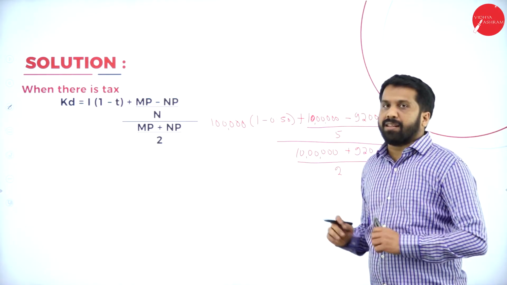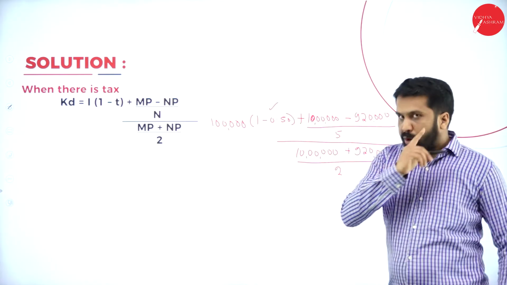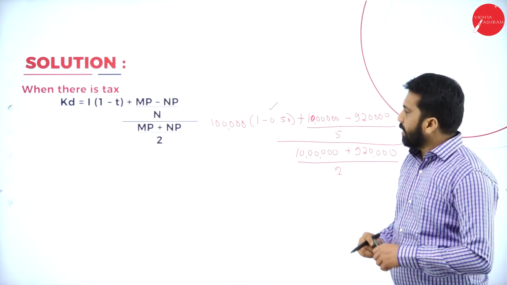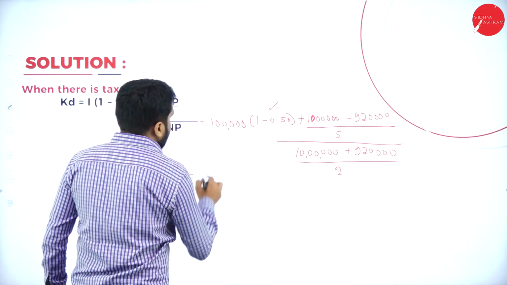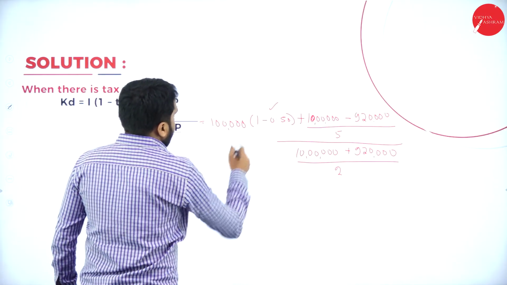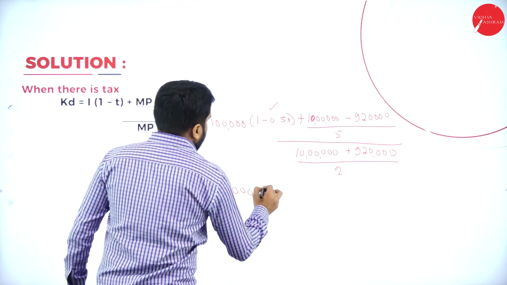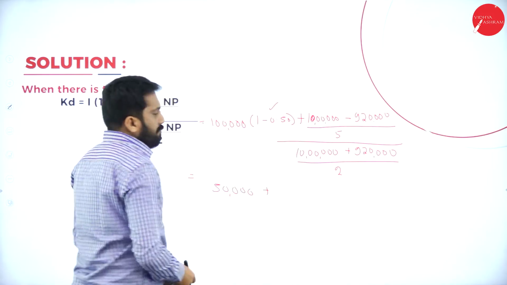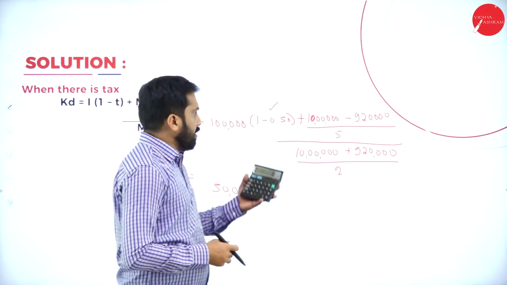These are the calculations. In this, the only extra thing added is your 1 minus tax rate. Now again we'll simplify this. This 1 lakh into 0.5 will become 50,000 plus, if you simplify this, the same answer you got without tax.